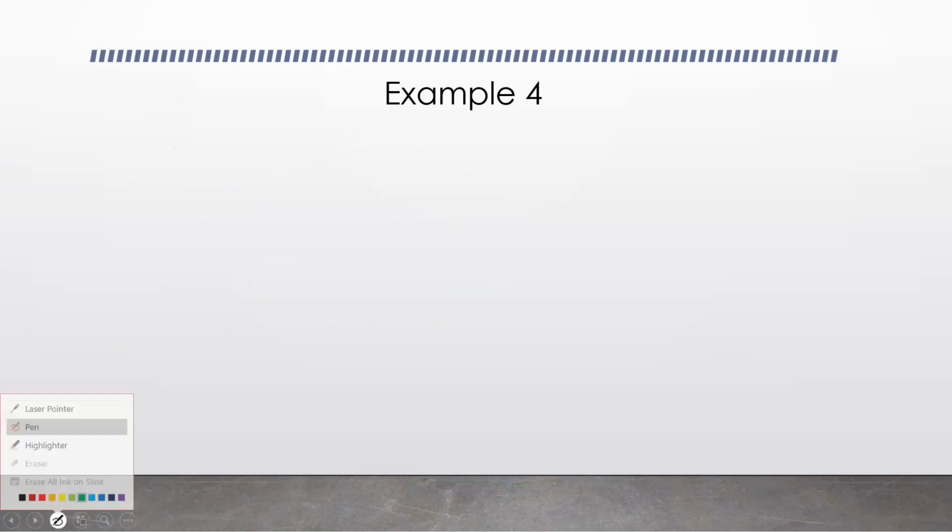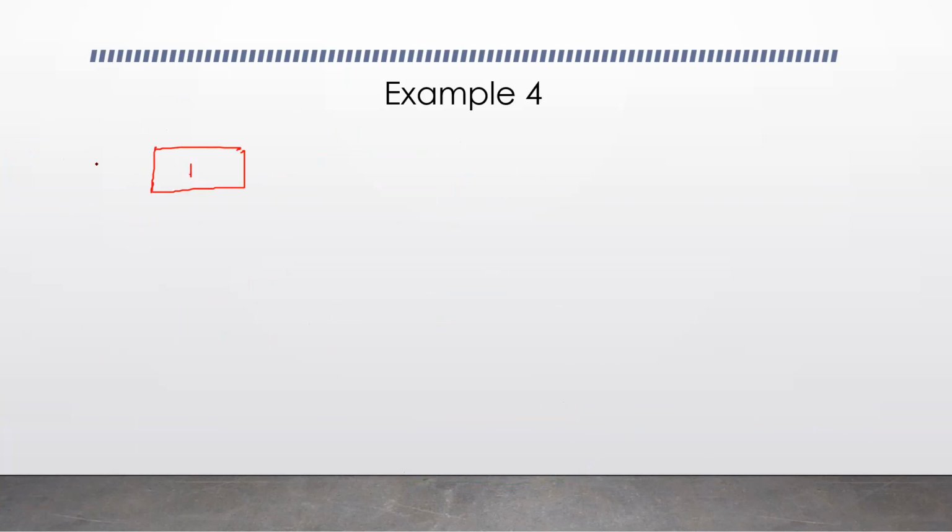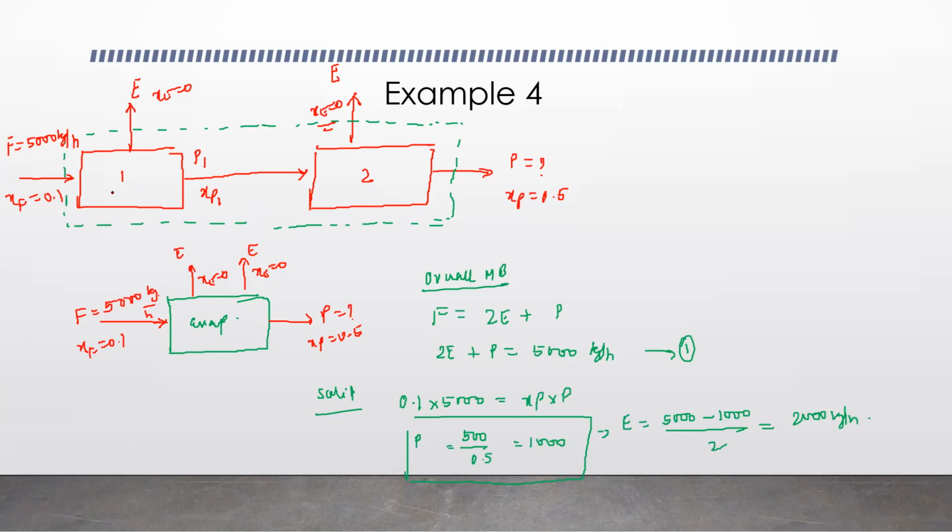Then I'm going to do material balance for unit number 1, so let me draw the block diagram for unit number 1. If you're comfortable solving using the first block diagram itself, then you can do it that way as well. But I am drawing the block diagrams again and again so that whoever is not able to understand is able to get this.